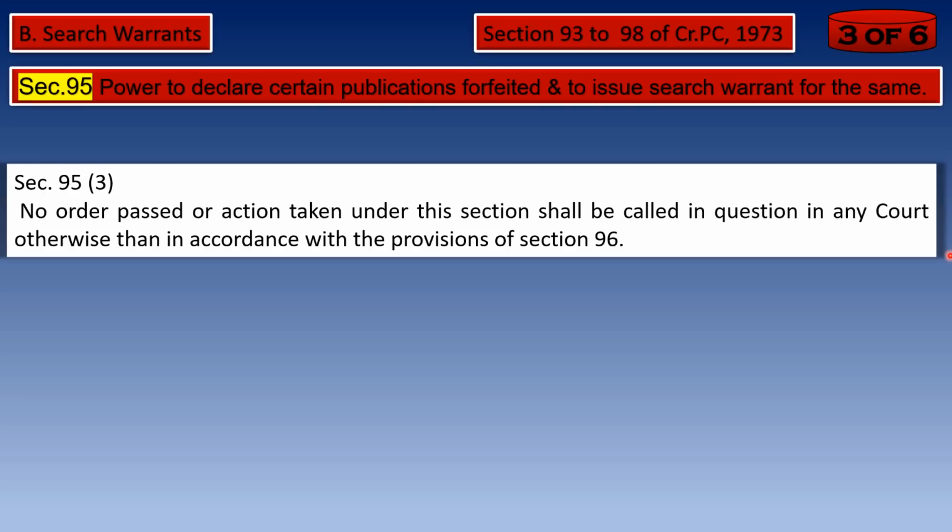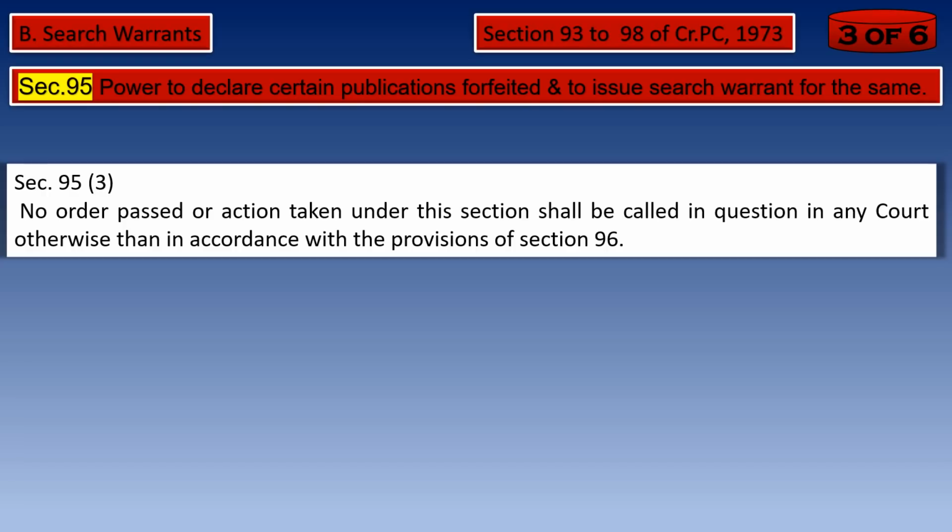Now, this should not be considered as taking away the right of a publisher because the state government has already notified things which are banned from publishing. However, this is not a complete blanket. We have a remedy.